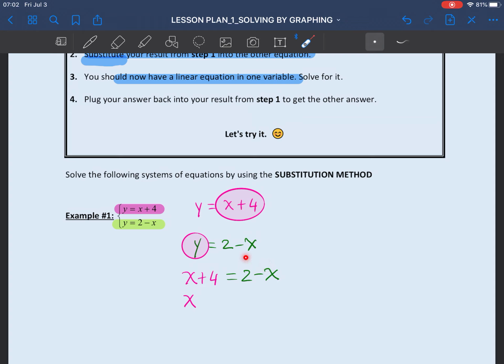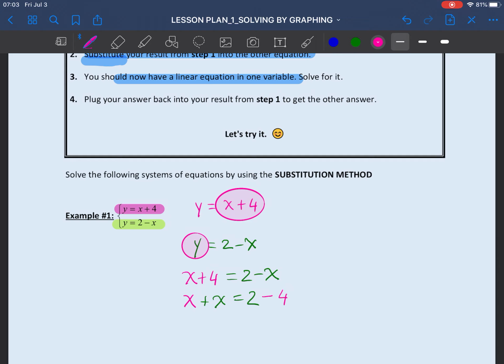The green negative x from the right side will go to the left side. Switch the sign to positive. We have 2 on the right side. Nothing will change to this term. And positive 4 will move to the right side. It will change the sign to negative.